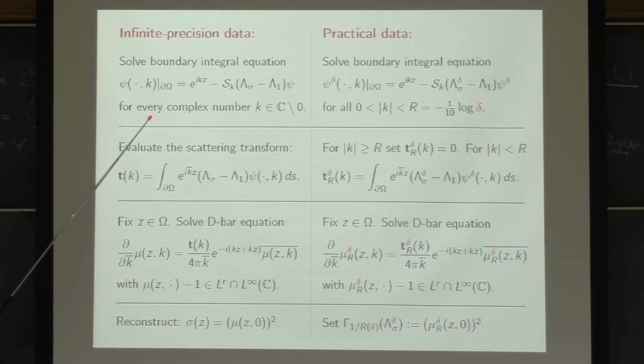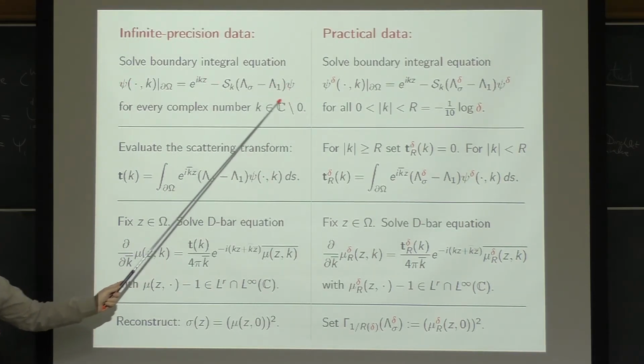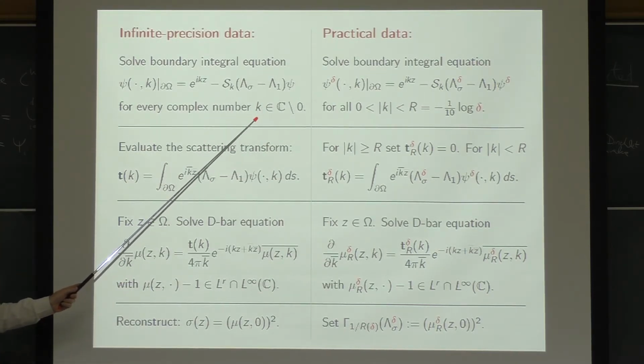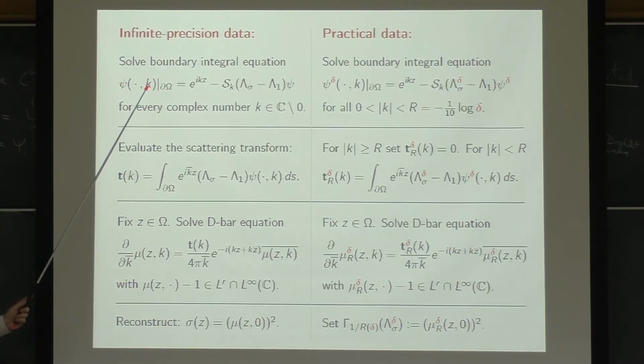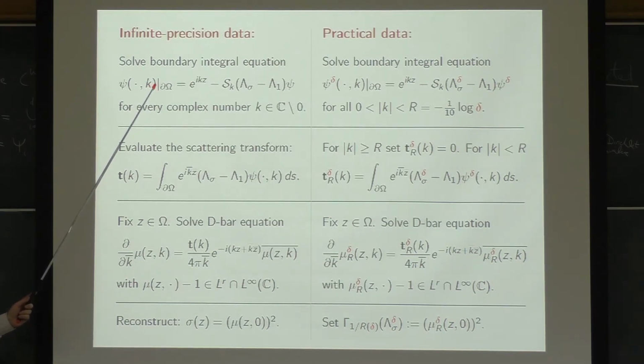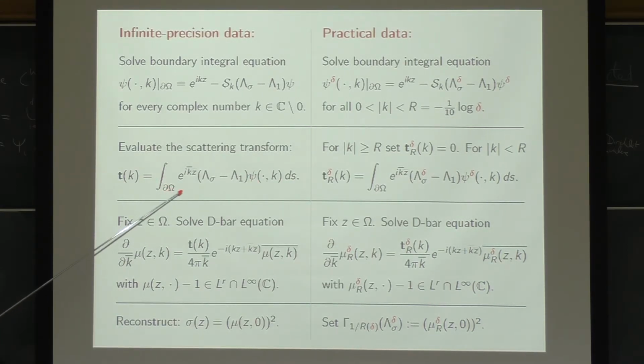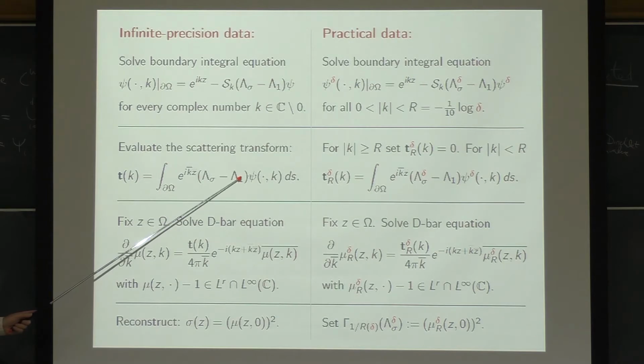If you really know the Dirichlet-Neumann operator, Nachman showed that you can solve this boundary integral equation for any non-zero k. So you get the traces of the CGO solutions. Then you can put the trace of the CGO solution into this integral over the boundary, using again the two pieces of data.